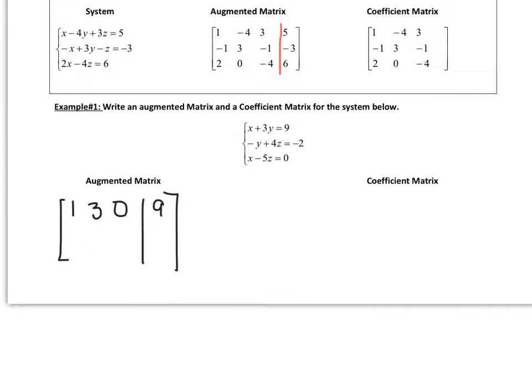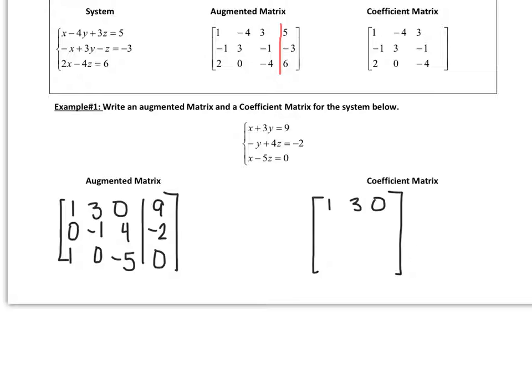There's no x term, so 0, -1, 4, -2, 1, 0, -5, and 0. And the coefficient matrix was everything but that last column. Okay, those are your 2 answers.